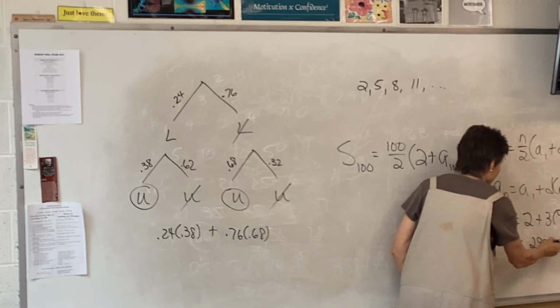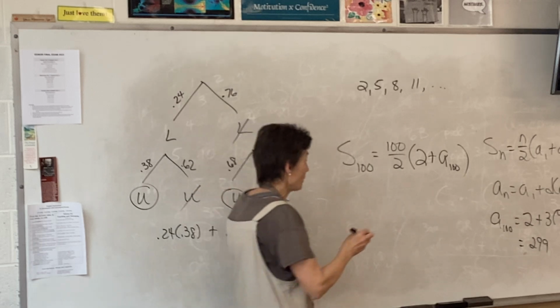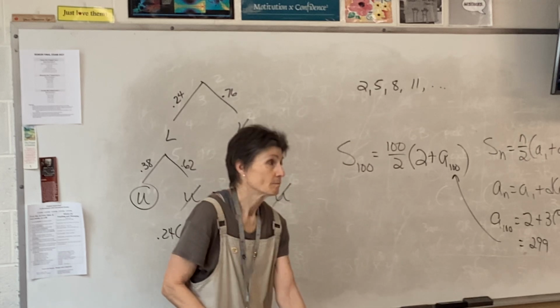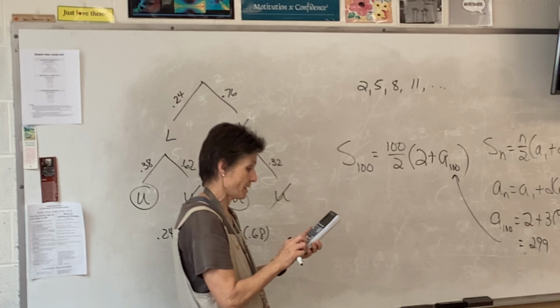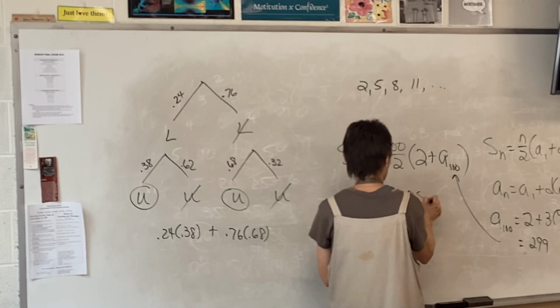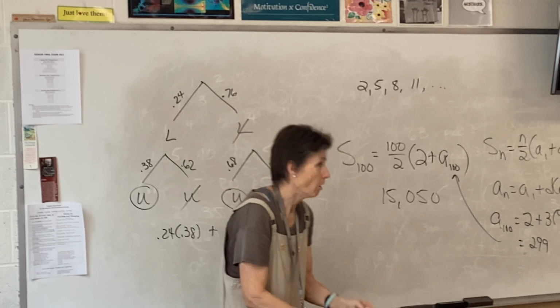I think that's 299 if my math is right. That is not the answer though. That's what you're going to plug in right here. So 2 plus 299 times 50. Looks like 15,050 is how many balls he will have caught altogether.